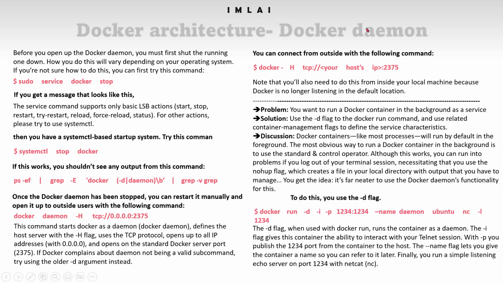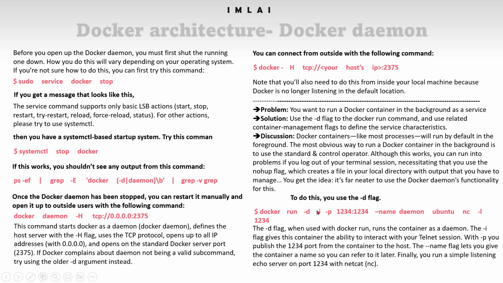Once you are able to connect with that, it's time for you to do some examples. In this, we are running docker run in detached mode, with interactive I, and port mapping 1234, and the name of the container is daemon, and then the image is ubuntu. The D flag, when used with docker run, runs the container as a daemon.